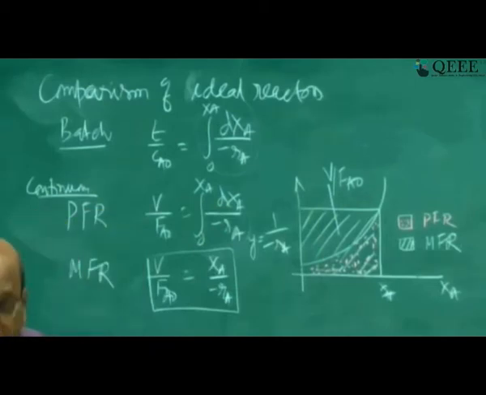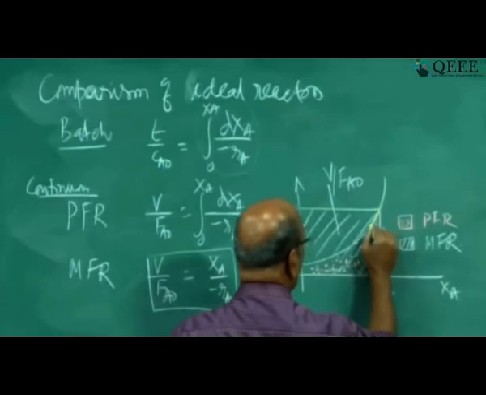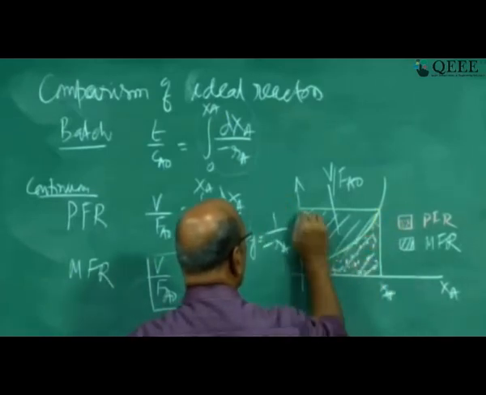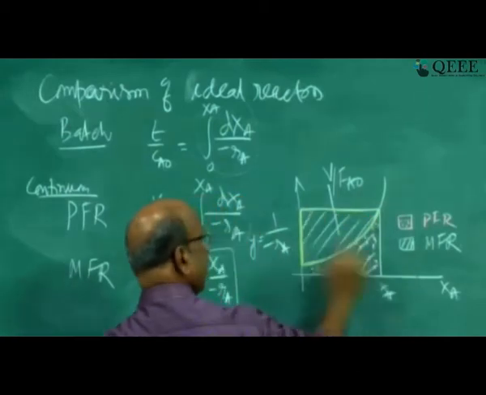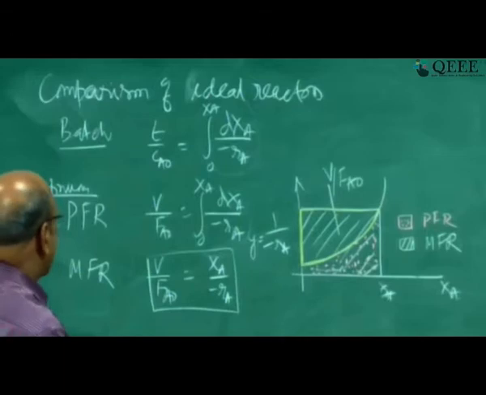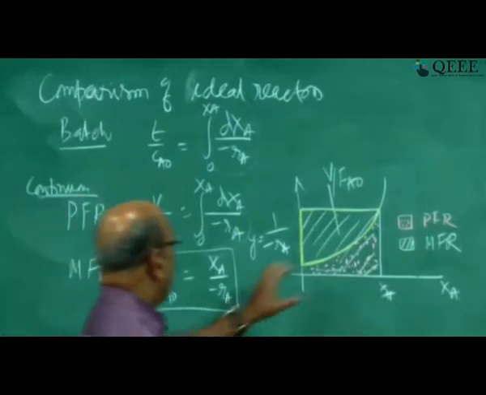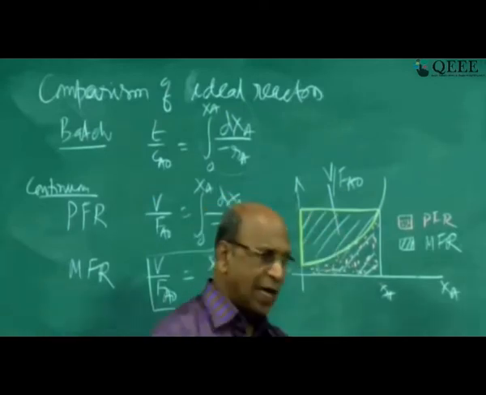And how much extra area do you have? This much extra you have to spend for the mixed flow reactor. Why? I have told you already the reason. Because here you have a problem with the mixed flow reactor, where you are not able to utilize the concentration very effectively.